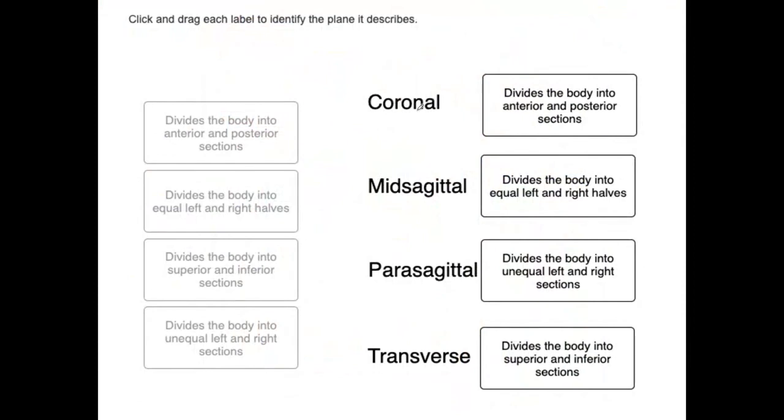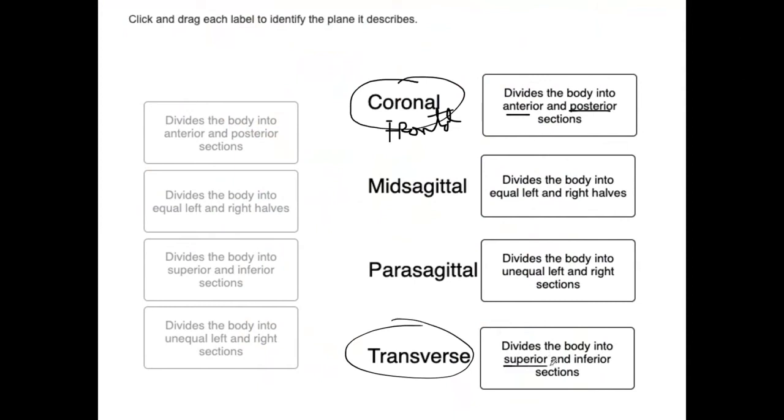All right, so now matching. We got coronal, which remember is also known as frontal. Frontal or coronal. That's going to divide the body into a front and back, or anterior and posterior. If we look at the transverse, that's the bird's eye view, separating into a superior and inferior half.